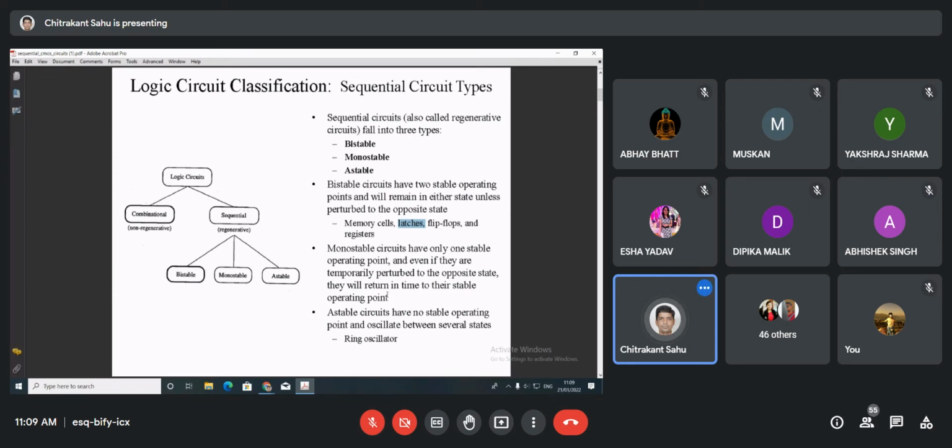And the last one, astable circuit. Astable circuits have no stable operating points and oscillate between several states. An example of this kind of astable circuit is a ring oscillator, which continuously oscillates over a period of time.